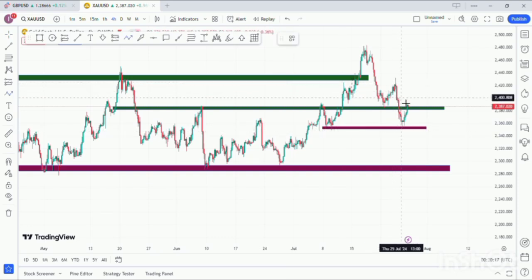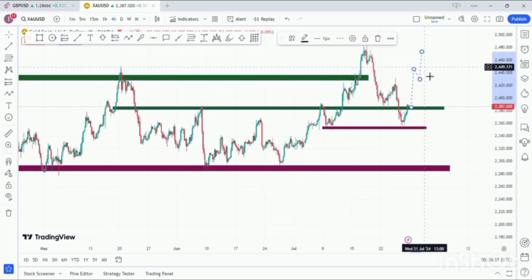Since price has broken out of this resistance zone, we'll be expecting price to continue upward, to respect this resistance zone, or possibly break out of it, to continue upward, guys.